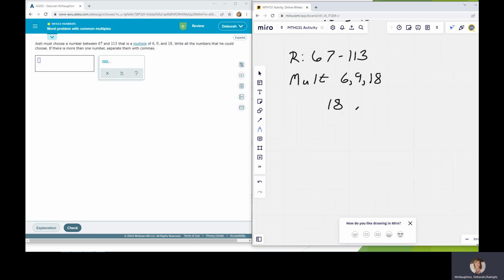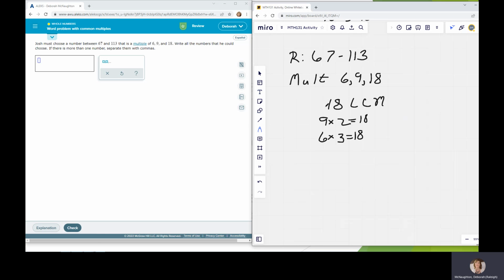Okay, and then we check 9 times 2 is 18, and 6 times 3 is 18. So 18 basically is divisible by 9, it's divisible by 6. So this is my least common multiple. Sometimes it'll be that this is the least one and we don't have to keep going. So 18 is our least common multiple.